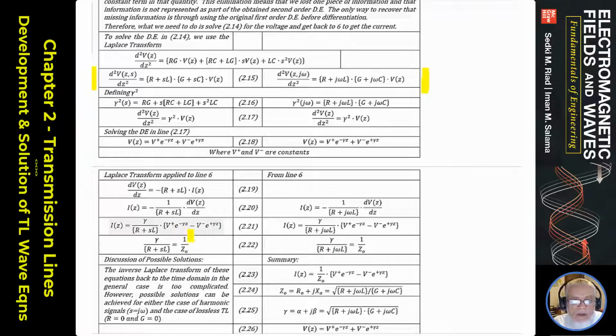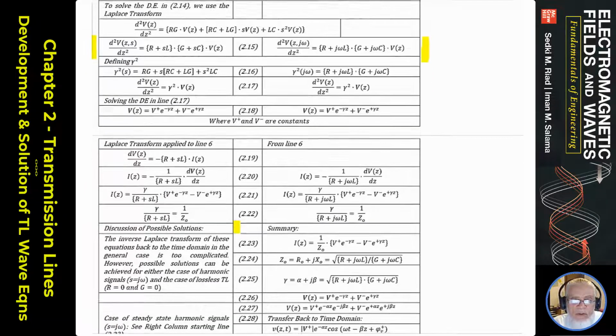Similar thing here. The thing to notice is, as a result of this solution, we have a minus sign here as opposed to a plus sign there. So the current expression is similar to the voltage expression except for a minus sign and a coefficient of 1 over impedance there.